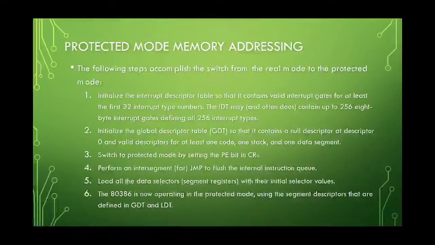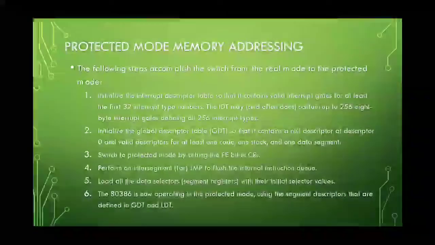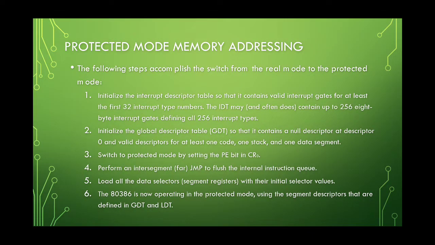The first 32 out of 256 interrupt gates are reserved for Intel operations, and the remaining 224 out of 256 interrupt gates are user defined. So at the time of initialization of the IDT, the first 32 interrupt gates must be defined.